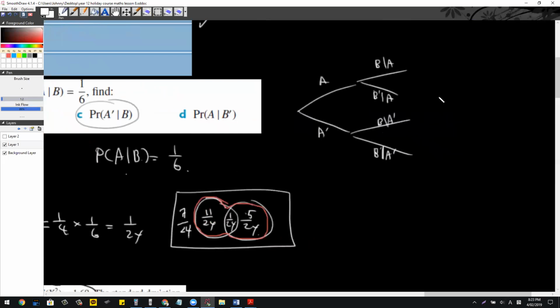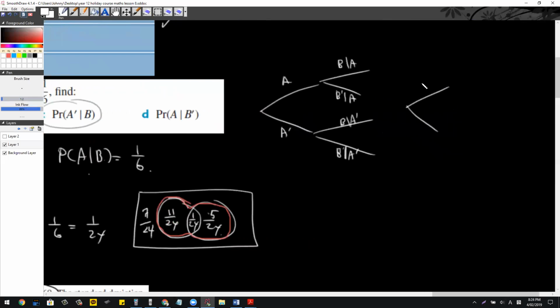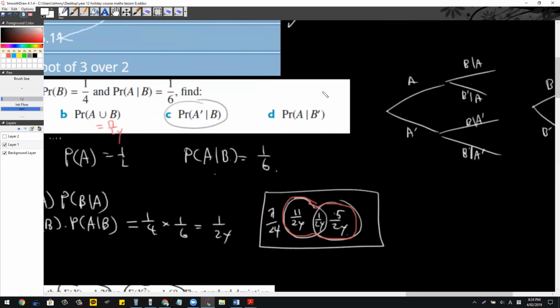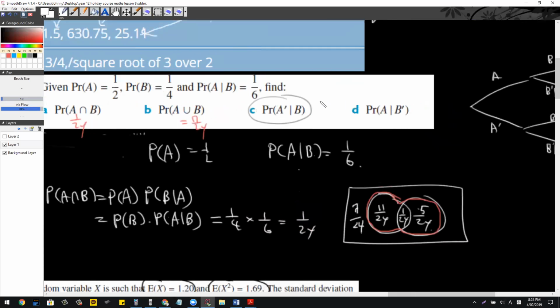You can also construct B, not B, and then A given B, not A given B. And this one is A given not B, and not A given not B. So you can fill all that in using this table here. This is homework for you. But I'm going to use a formula to figure this one out.